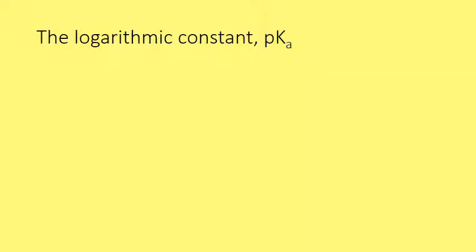So that leads us on to the logarithmic constant, pKa. That is just the acid dissociation constant made into a form where the numbers are easier to work with and a bit more intuitive. The reason why we want to do that is just as hydrogen ion concentration varies massively from one acid to the next, so does the value of Ka vary massively from one acid to the next.